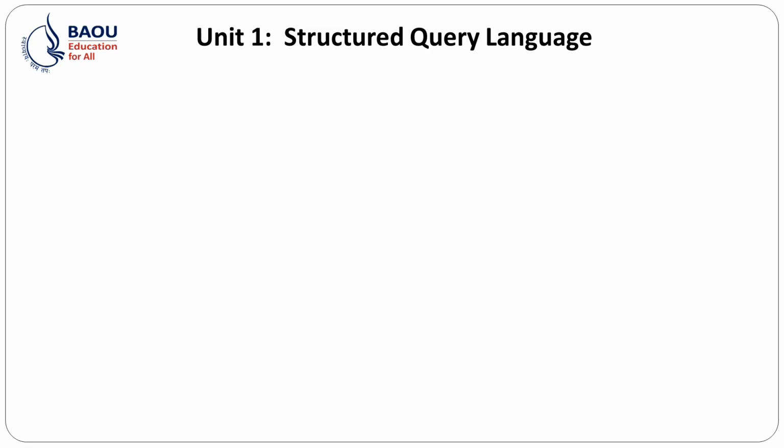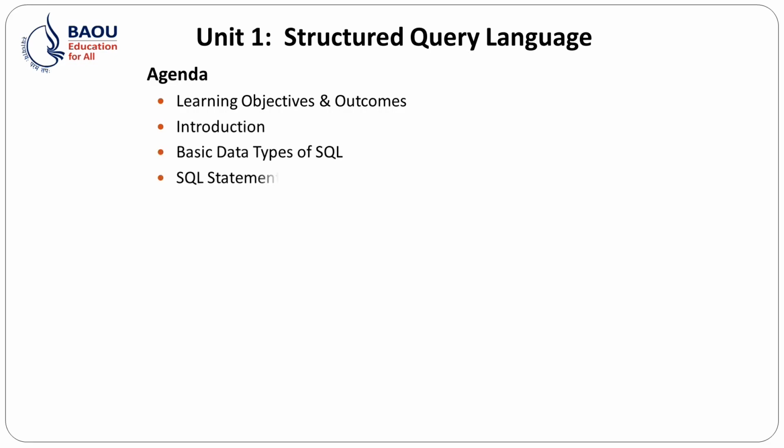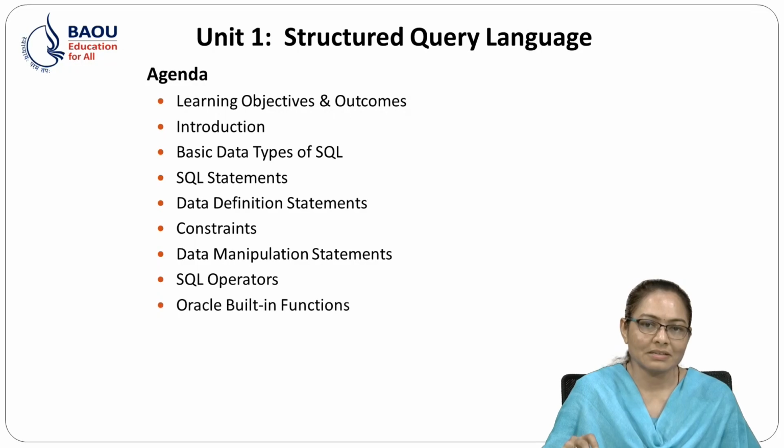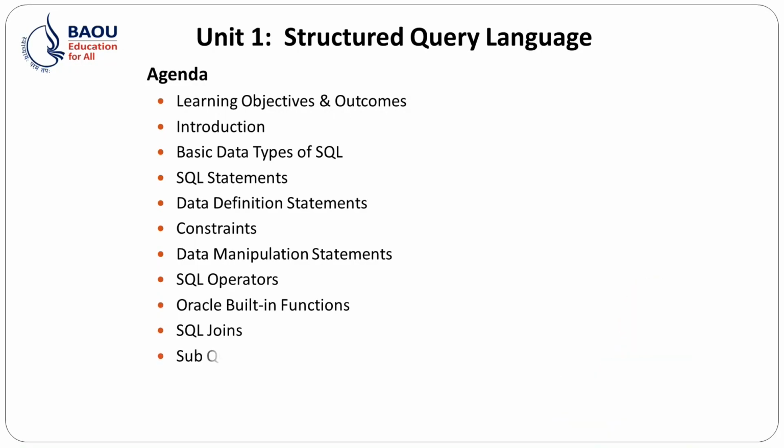First of all, we see the agenda of Unit-1: the learning objectives and outcomes, introduction, basic data types of SQL, SQL statements, data definition statements, constraints, data manipulation statements, SQL operators, Oracle built-in functions, SQL joins, SQL queries, SQL views, SQL indexes, and SQL sequences. All these topics are included in SQL.